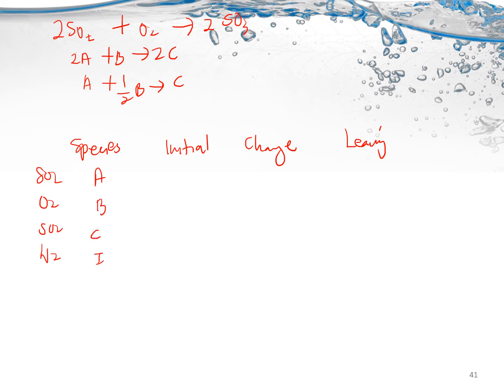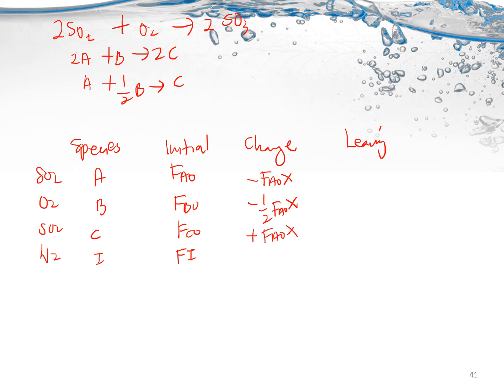Okay, so the initial would be FA0, FB0, FC0, and also FI. Okay, this is the inlet. Okay, so this one we have negative FA0x. This one is minus 1 over 2 FA0x, and also FA0x.